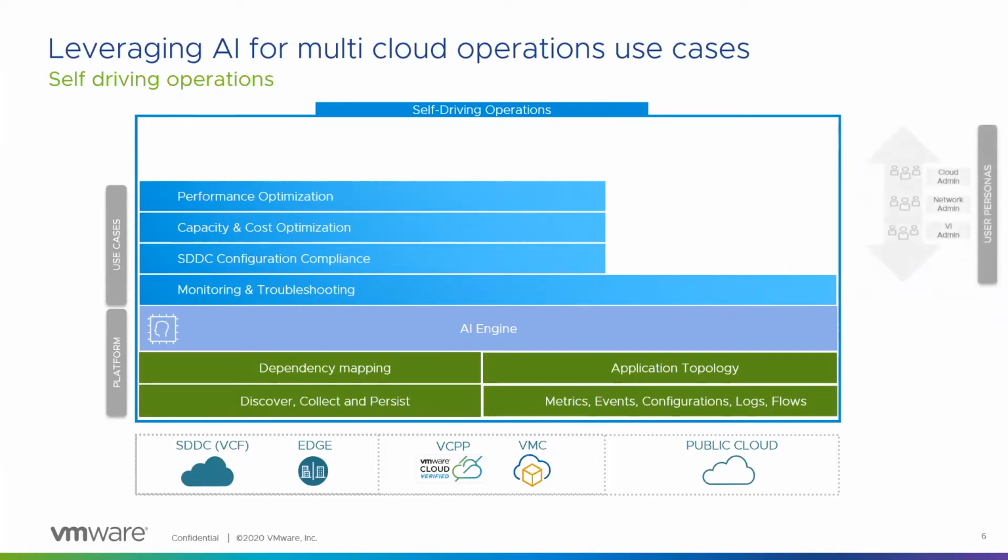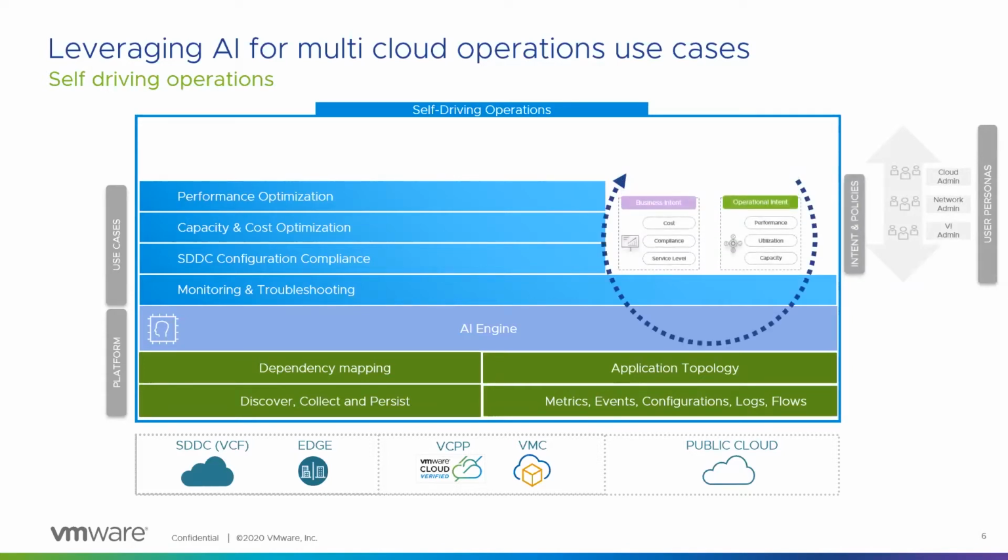Now, talking about an administrator, there are different personas. There could be a virtual infrastructure administrator, there could be a network administrator, or a cloud administrator. Each of them can come to an engine like this and define what their intent is. Their intent could be operational.